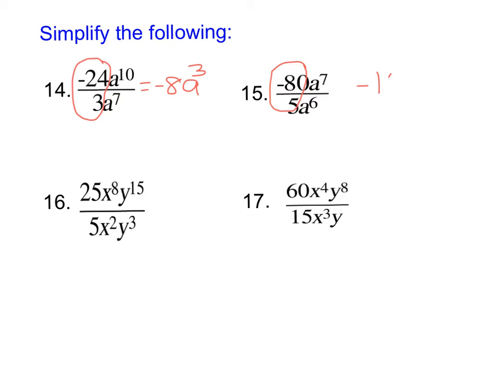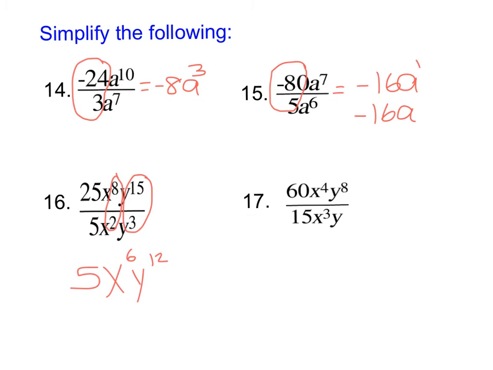It's -16. Now you can write a to the first or just 16a. Either way, whatever makes you more comfortable. 16. 25 divided by 5 is 5. x, 8 minus 2 is 6. And then 15 minus 3 is 12.